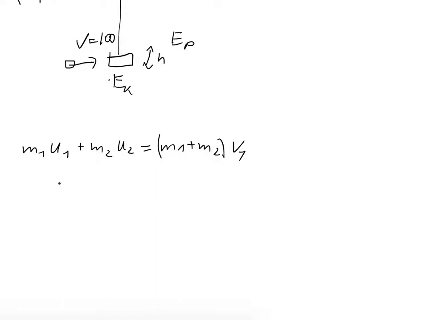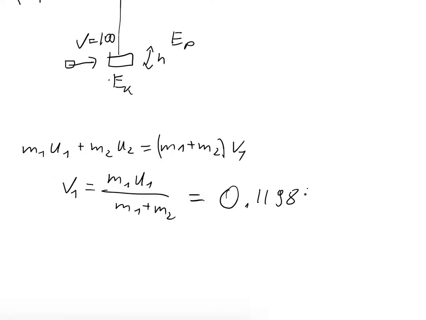So we're looking for what my speed v is. This goes to 0, obviously, because the second object is at rest. If you substitute the values in, you'll find that the speed is equal to 0.1198 meters per second.